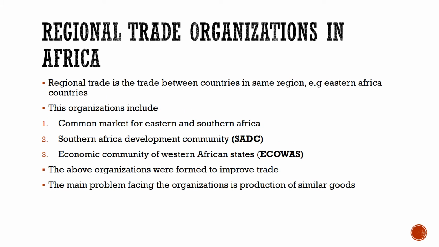Class 7, we are majorly going to focus on regional trade organizations in Africa. So there is something called regional trade organizations. Within the African continent, the continent is divided into 5 major regions.